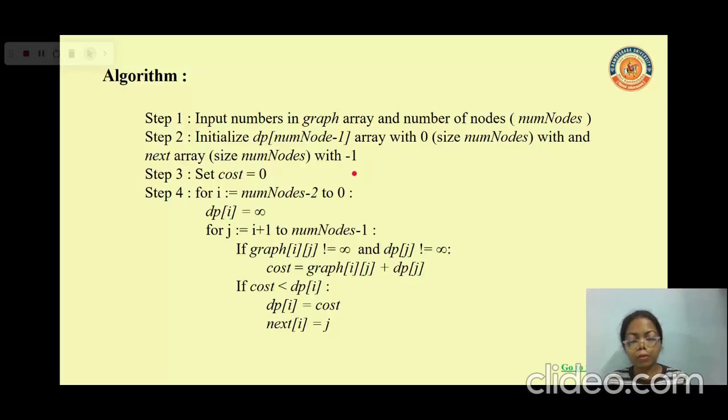Whenever I am checking all my nodes, I will need to know what my next node was for reconstruction. When all iterations are completed, I will be at 0. So for reconstruction I will need to know what the next node was for the path construction.